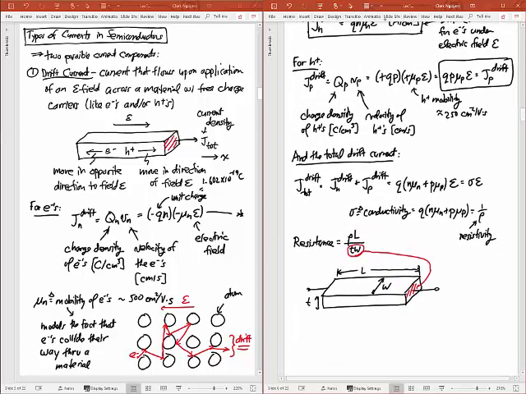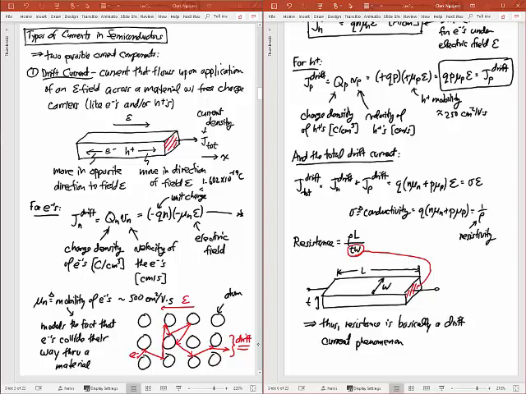Okay, and so basically when you talk about resistance, I could say that it's basically a drift current phenomenon. So I'll just say thus resistance in the classic sense that you've been using it all this time is basically a drift current phenomenon.